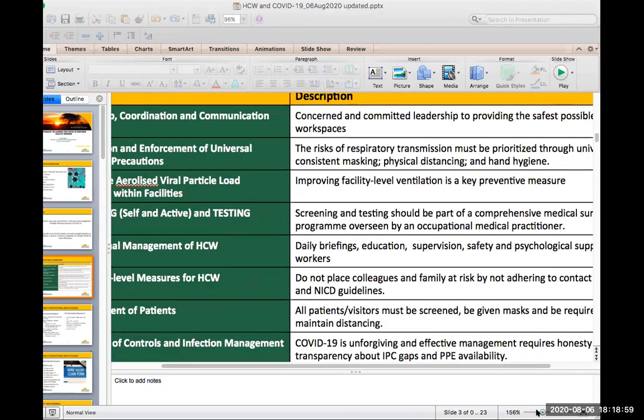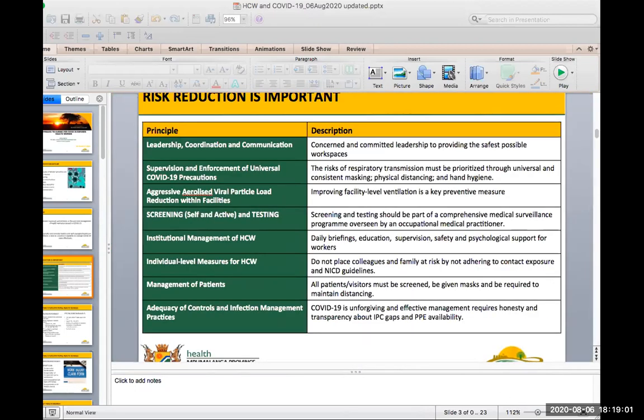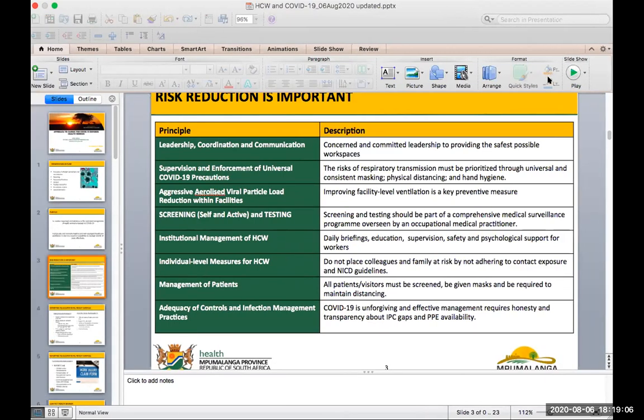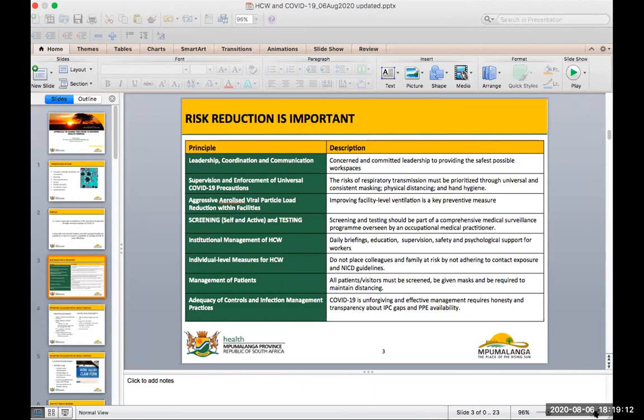No. Can you take your mouse cursor to the right lower corner? There should be a sign that looks like a presentation there. You click on it. People can't see. It's left lower corner. Slideshow again.